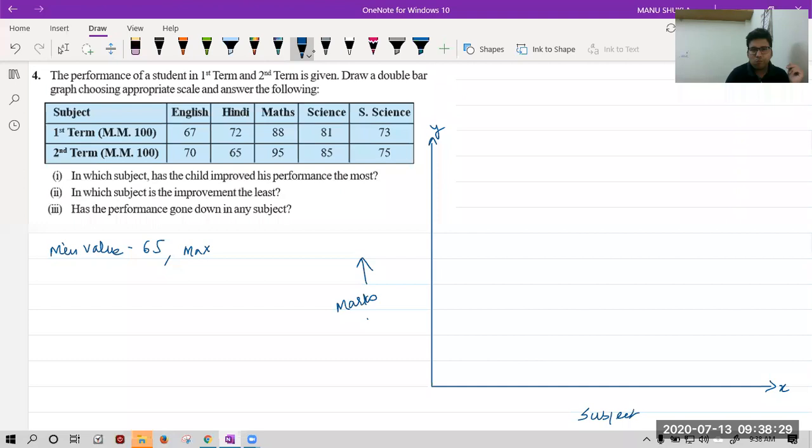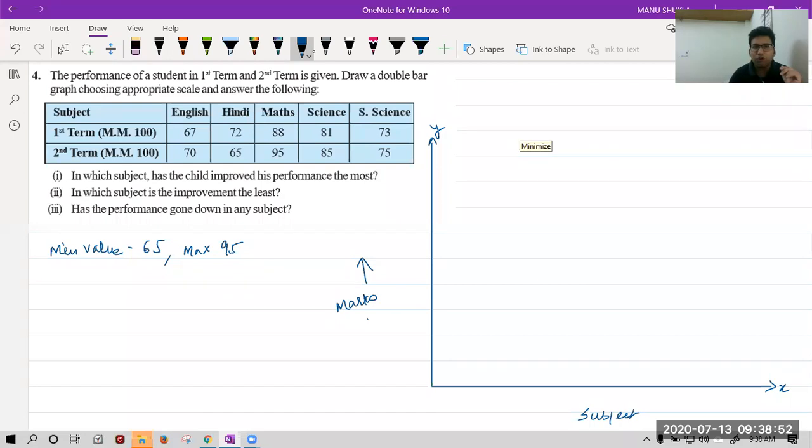Maximum value is 95. So we can understand that the starting of the values is from 65, not from 10, 15, 20. So again, if you want, you can use the kink to save your page. Now, let's start with the scale.